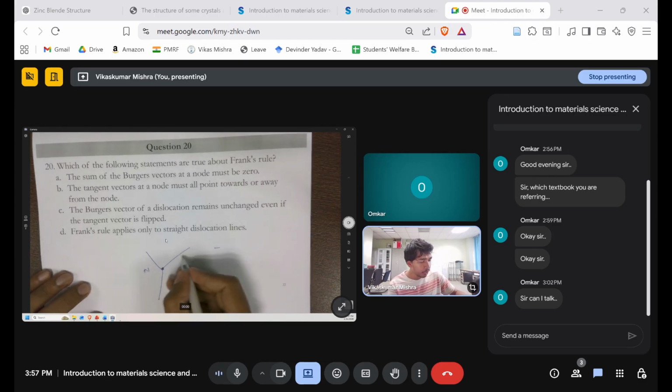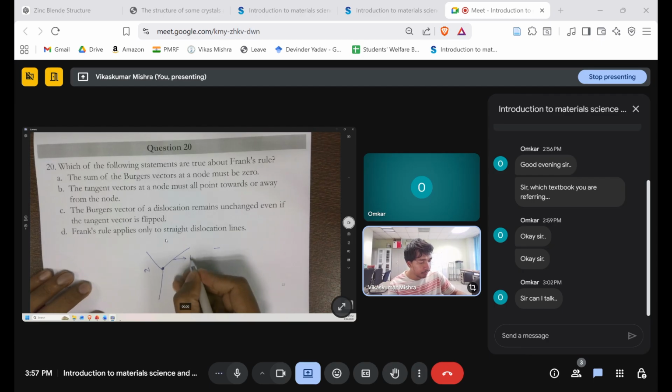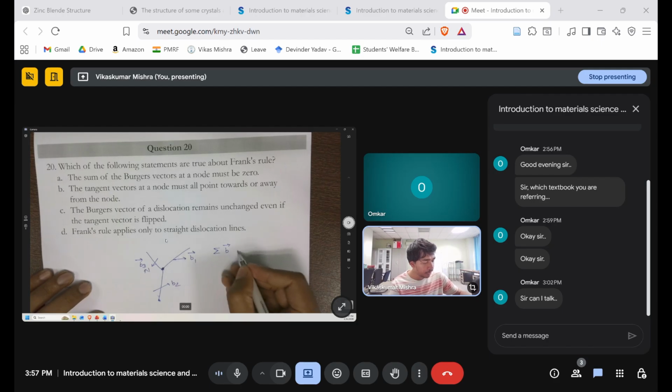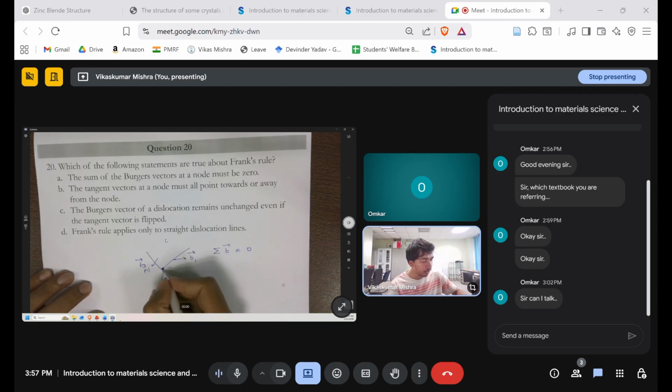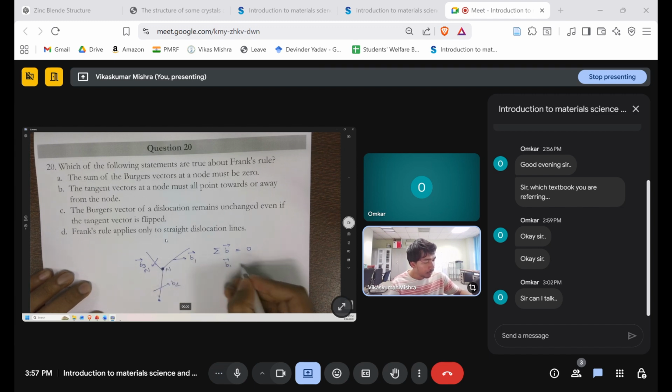Let's say this one has the Burgess vector b1, this can have b2, and this can have b3. So what Frank rule says is that the summation of all the Burgess vectors should be 0. It means that at the node, b1 plus b2 plus b3 should be equal to 0.